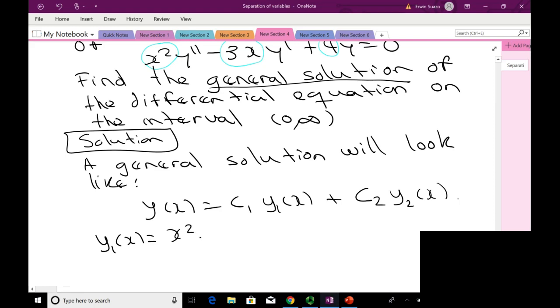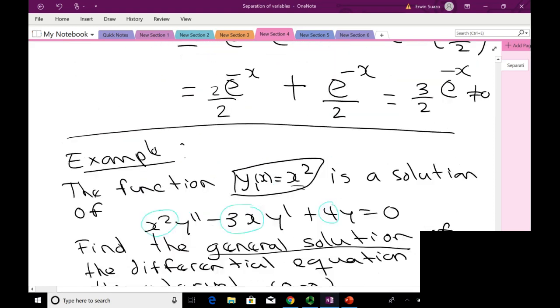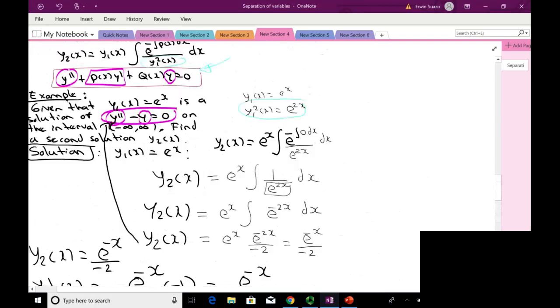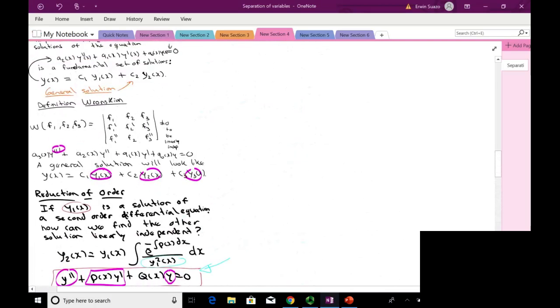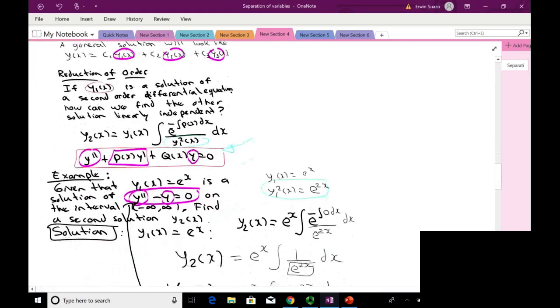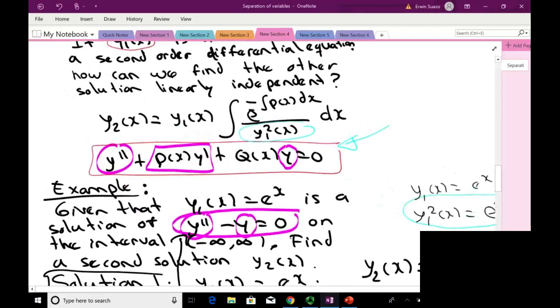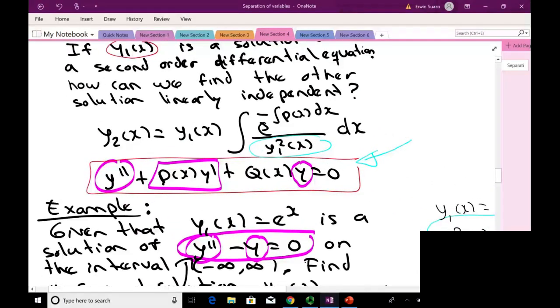To find the second solution, we need to use this formula. Sorry, let me put it here. So if you have this equation, then your formula looks like this. That's the formula you want to use.